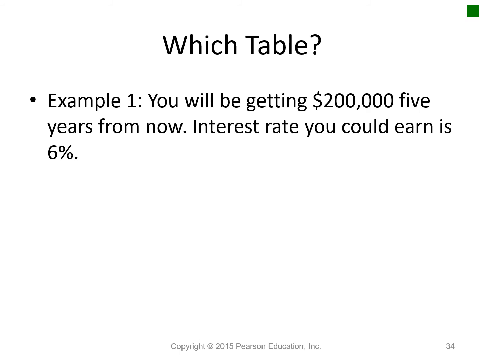So for example, if you're trying to determine what table to use, let's say that you will be getting $200,000 5 years from now. So that would be n is equal to 5. It says the interest rate you could earn is 5% or 6%. So that would be your interest rate. The question would be, what table would you want to go to? Well, that is a lump sum number because you're only going to be getting that one time.